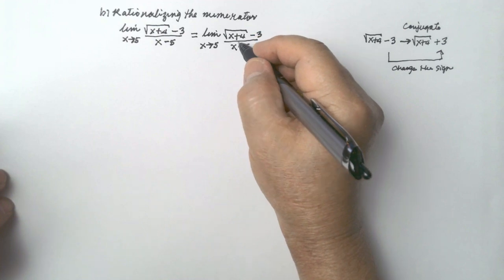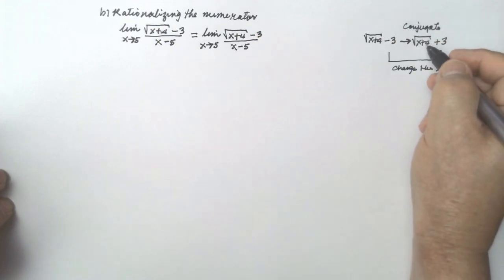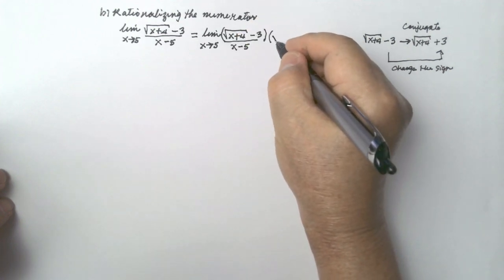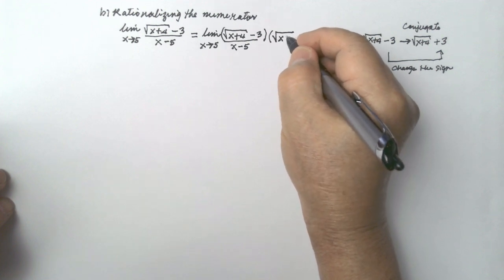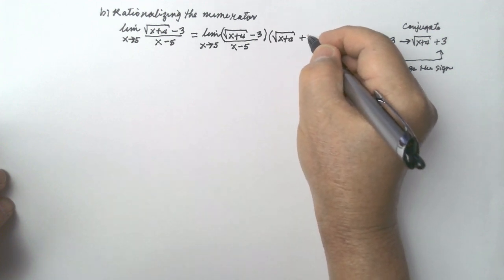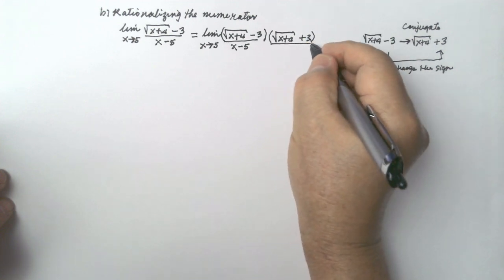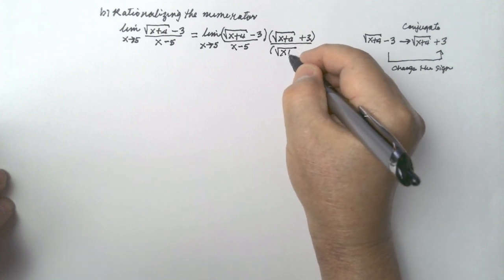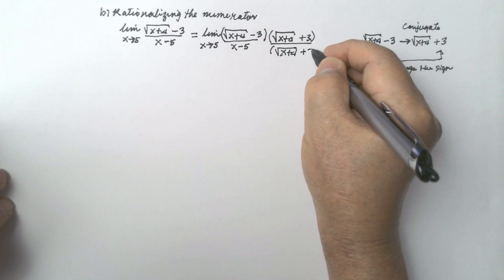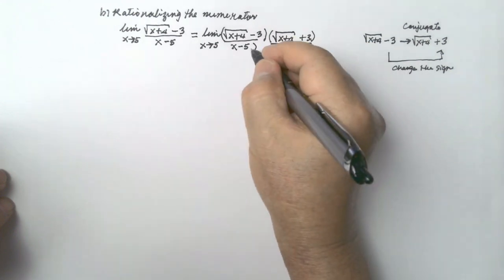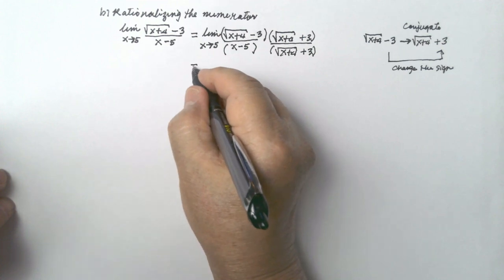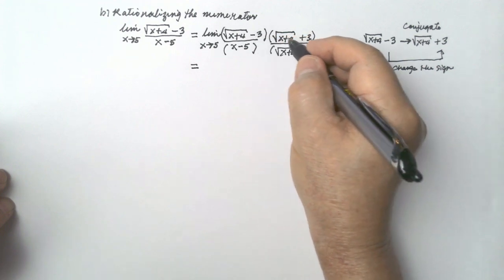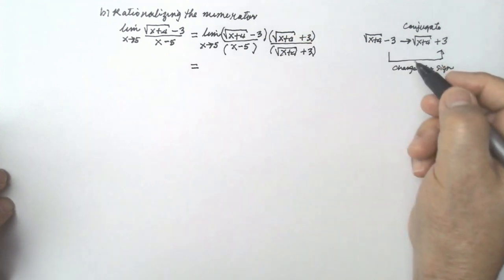Multiply the numerator and the denominator by the conjugate of the numerator. Square root of x plus 4 plus 3 over square root of x plus 4 plus 3 equals the square root of x plus 4 minus 3 times the square root of x plus 4 plus 3.